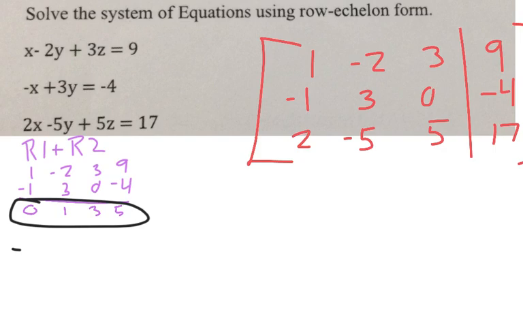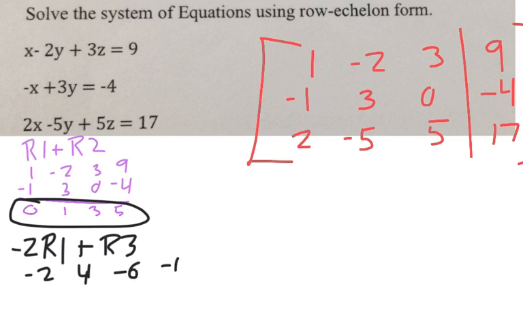So I've got -2 times row 1 combined with row 3. So it's going to look like -2, 4, -6, -18, combined with 2, -5, 5, 17.